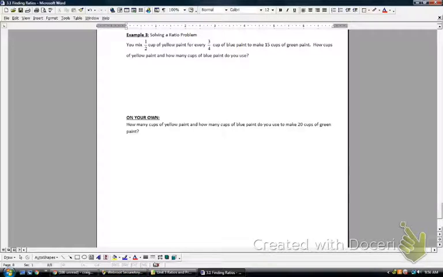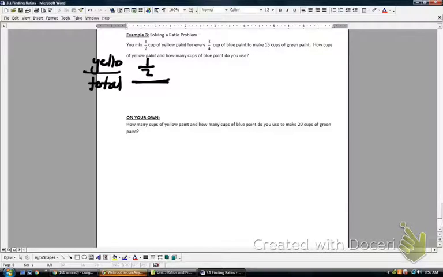Alright, it says, you mix half cup of yellow paint for every 3/4 cup of blue paint to make 15 cups of green paint. How many cups of yellow paint and how many cups of blue paint do you use? So, I have yellow to total, and I have half a cup.